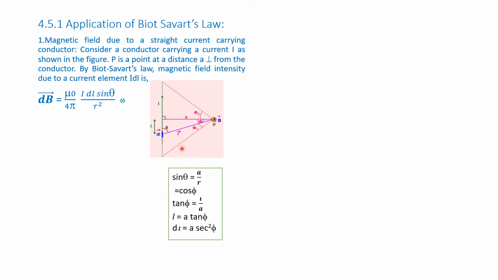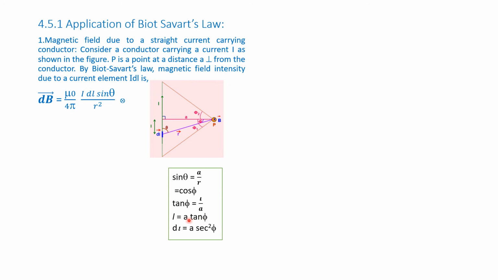There is another parameter we have to find, tan phi. Here tan phi is equal to opposite side by adjacent side, that is L by A. Therefore L, this is L, please don't mistake it as I, equals A tan phi.